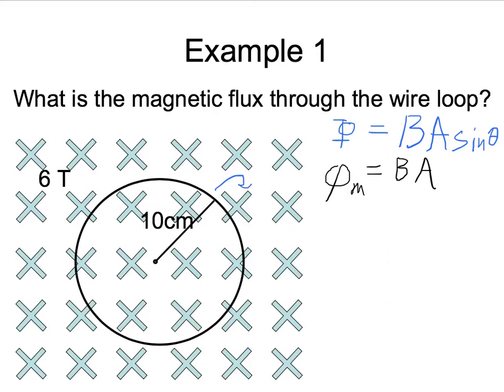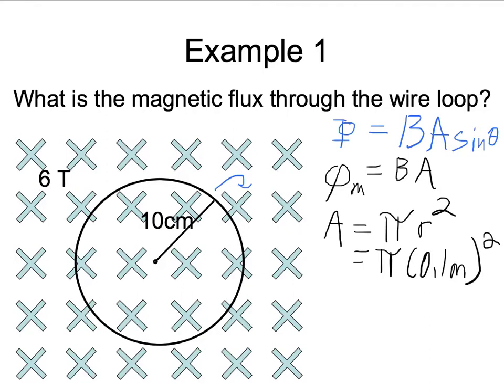Now since this is a circle, we're going to have to think about how to find the area. It should be pi r squared. And as usual, our units will need to be in the SI system, so we'll have to convert the centimeters to meters. We'll get pi times 0.1 meters squared. And then our field strength is 6 teslas.